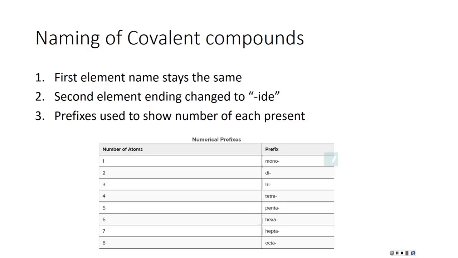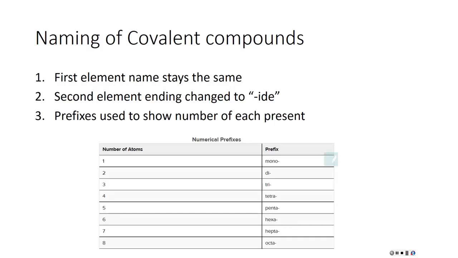That doesn't work for a covalent. So for covalent compounds, I'll either have to tell you the name directly or the formula directly. I won't be able to say, take phosphorus and sulfur and predict what compound forms there. It just doesn't work the same way. So you don't have to worry about that at all.